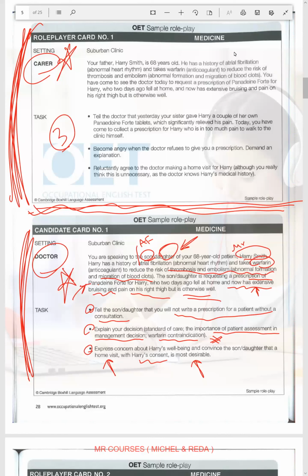For how long has he fallen? He fell at home 2 days ago, and then he was having extensive bruising over his right thigh.